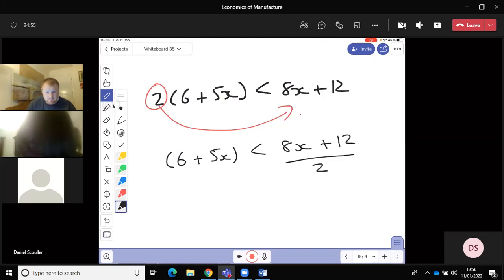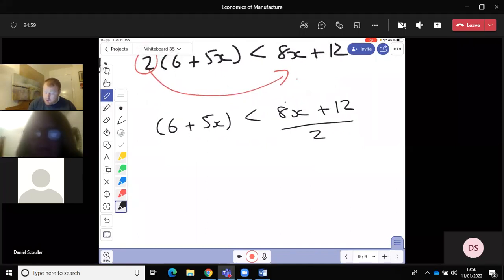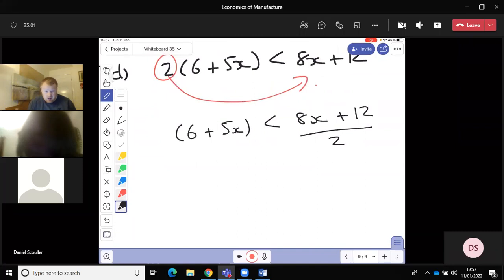Write it like that. Because there's nothing now outside that bracket, the bracket's meaningless. It doesn't need to be there. So we could essentially take that bracket away and it just disappears. Now, if we brought that 2 back across, we'd have to put that bracket back on.